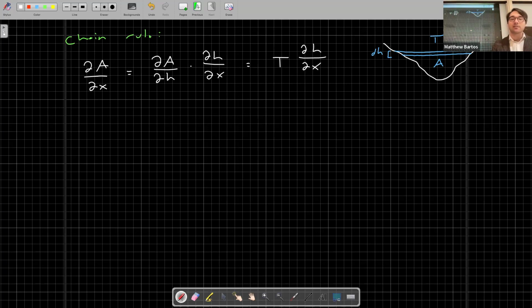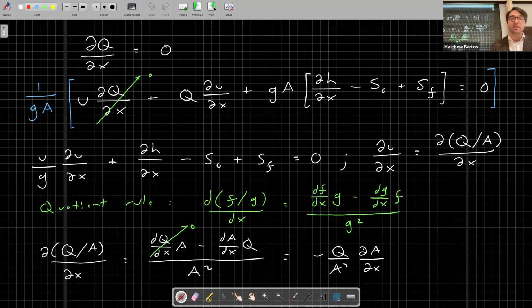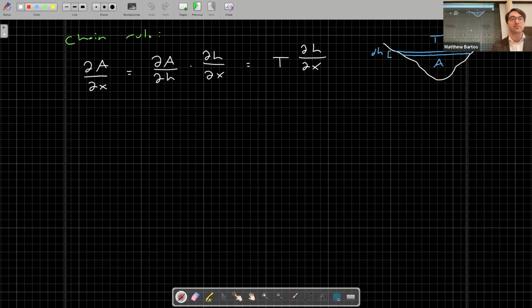So taking that quotient rule plus the chain rule, what we end up with is du/dx, the change in velocity with respect to the length of the channel, is equal to negative q times T, the top width, divided by A squared times the slope of the water surface.